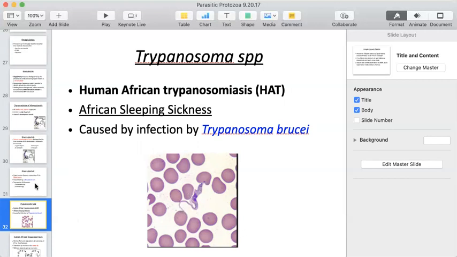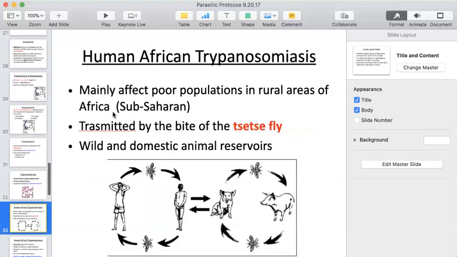This is a blood disease. It mainly affects poor populations in rural areas of sub-Saharan Africa. It is transmitted by the bite of a tsetse fly.